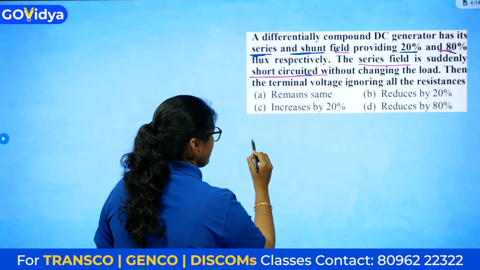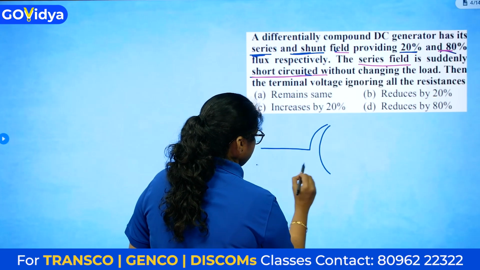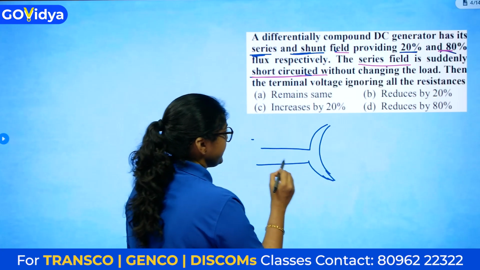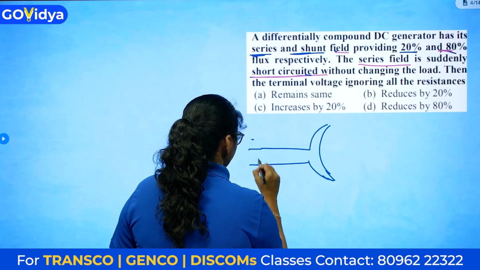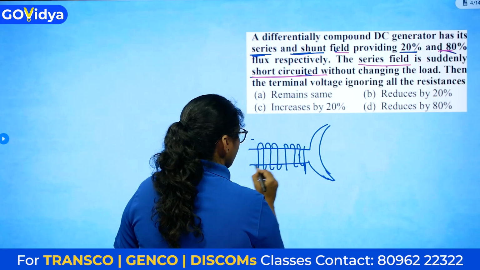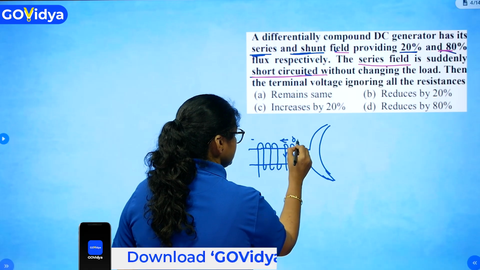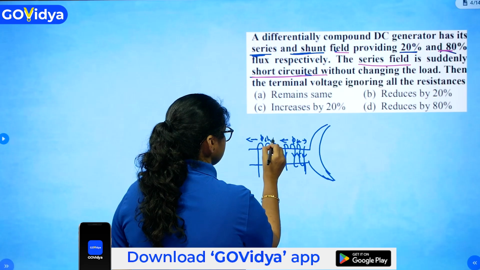If you see the diagram of a differential compound, we have to draw the shunt and series. So this is the series, this is phi SC, the series flux. This is the shunt flux.